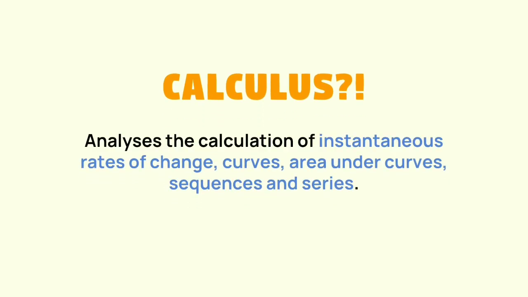Calculus is a big term that gets thrown around a lot. But what exactly is calculus? Calculus is very different from the mathematics we have learned before. It is a field in mathematics that analyzes the calculation of instantaneous rates of change, curves, areas under curves, sequences, and series. Before the invention of calculus, all mathematics was static and it could only make perfect calculations of stationary objects.